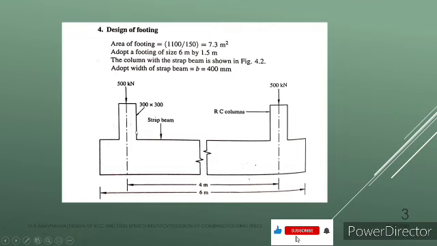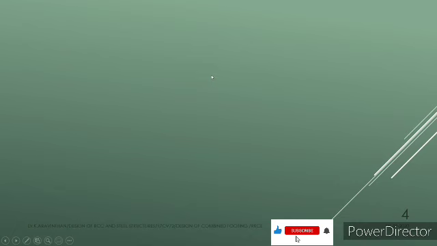So, in order to take the column load, at least the strap beam should be even wider. So, it should have a width of more than 300 by 300 in order to safely distribute the load. Also, for the reinforcement arrangement, we need a higher width. So, here we have assumed 400 mm.